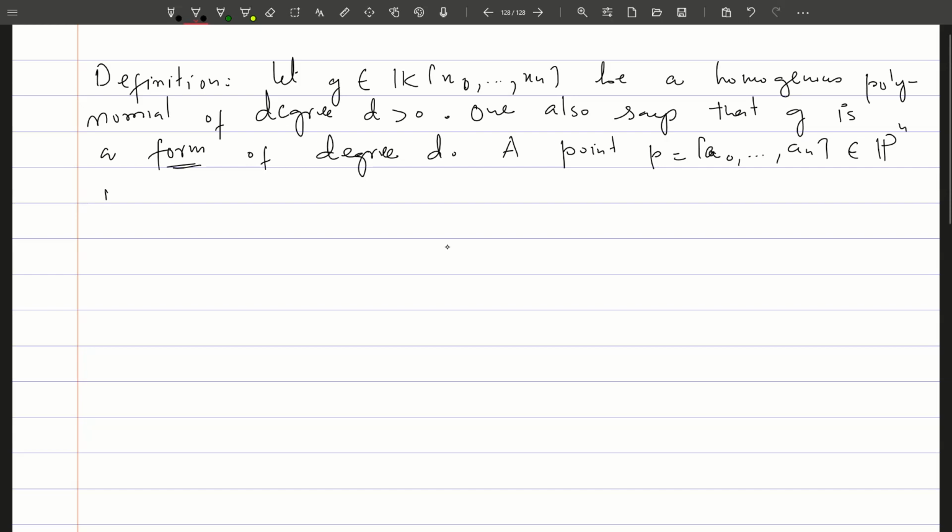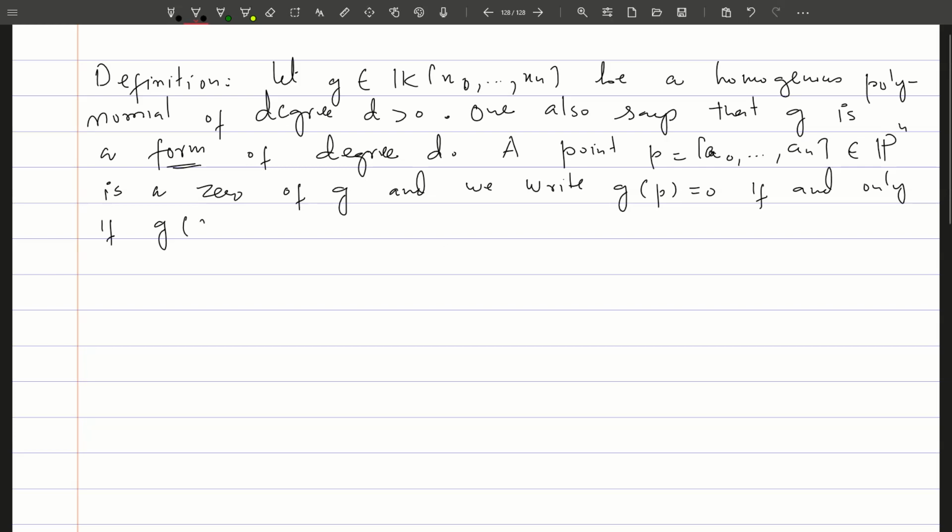This is a zero of G, and we write G of P is 0 if and only if G of a0 through an is equal to 0.